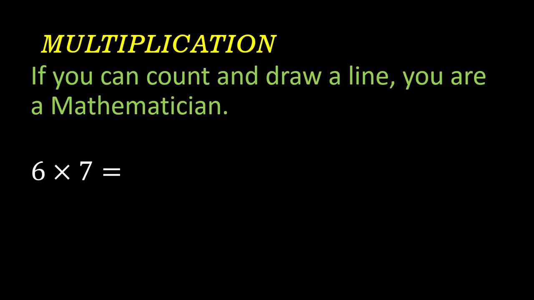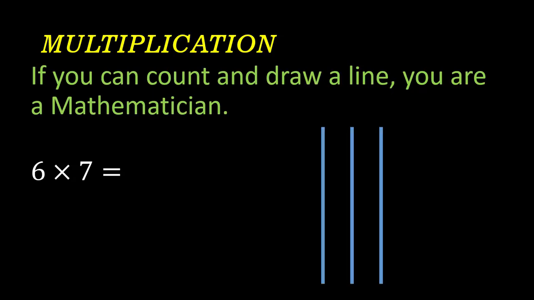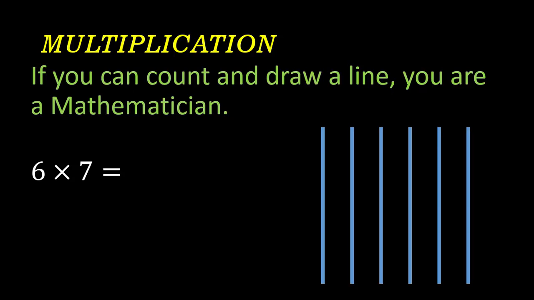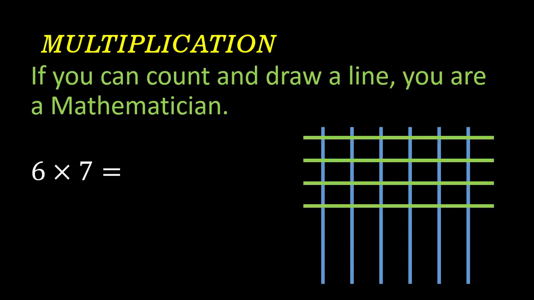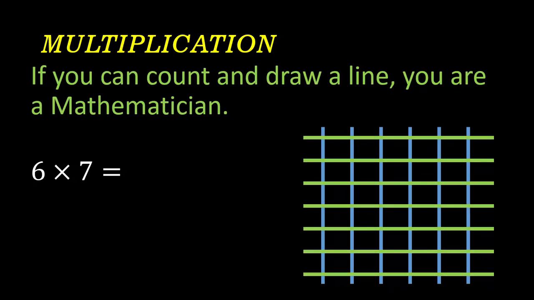So for instance, we have 6 times 7. We take 1, 2, 3, 4, 5, 6 lines to represent our multiplier. Then our multiplicand, we also represent with horizontal lines as shown on the screen, and that is 1, 2, 3, 4, 5, 6, and 7.